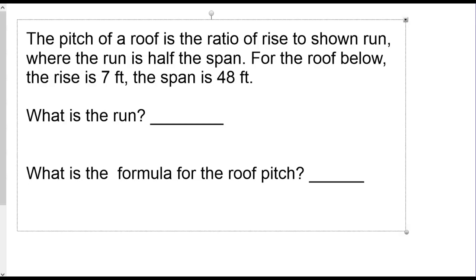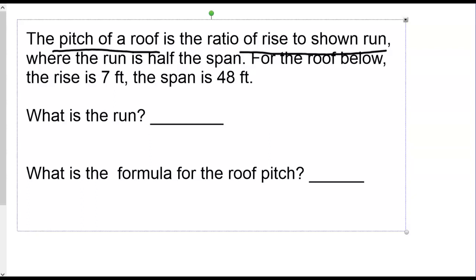So they're talking about the pitch of a roof. So the pitch of a roof, well, what is that? Well, it is the ratio of rise to run. Okay. All right. Well, then let's see.